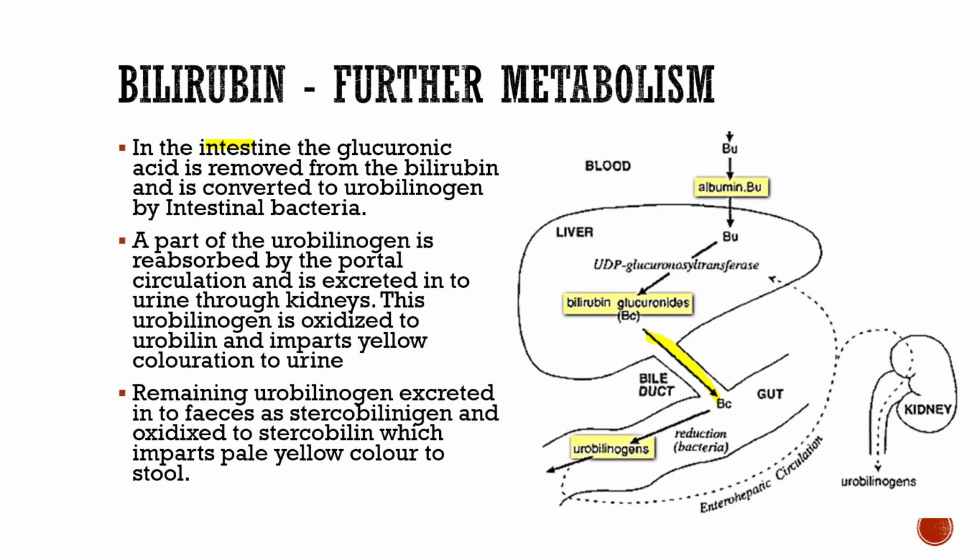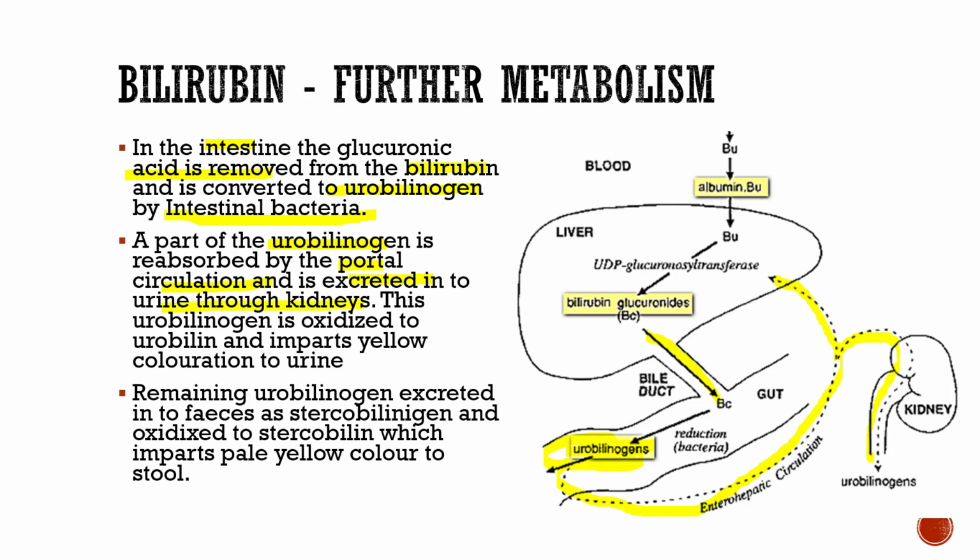In the small intestine the glucuronic acid is removed, and the bilirubin is converted to urobilinogen by intestinal bacteria. A part of the urobilinogen is then reabsorbed back into the circulation, to the portal circulation, and is also excreted into the urine through the kidneys.